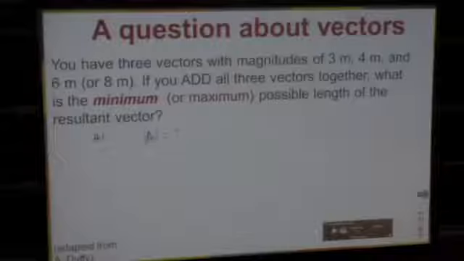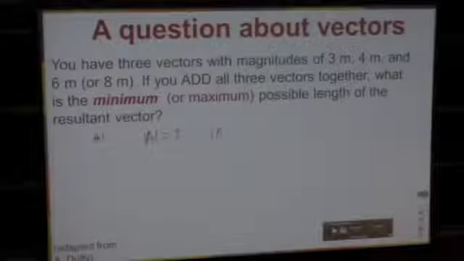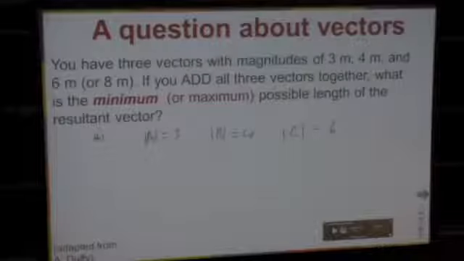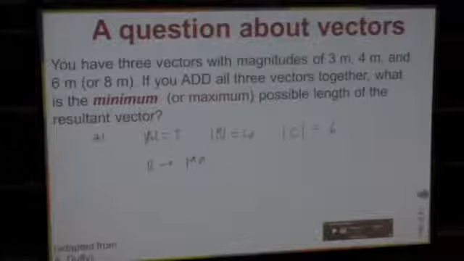Magnitude of A equals 3, magnitude of B equals 4, magnitude of, well, let's say C equals 6. And the question is, how would we arrange those vectors so the resultant would have maximum possible magnitude?